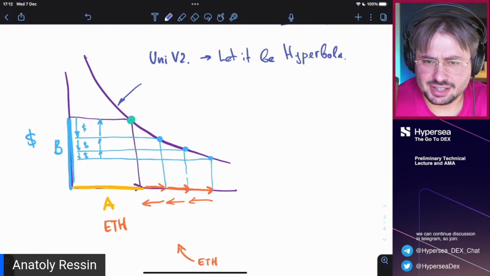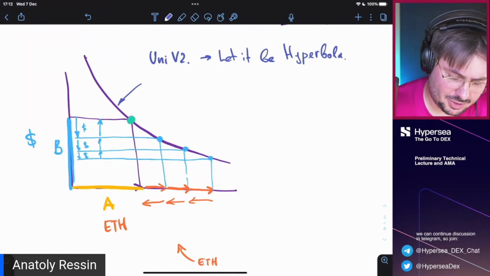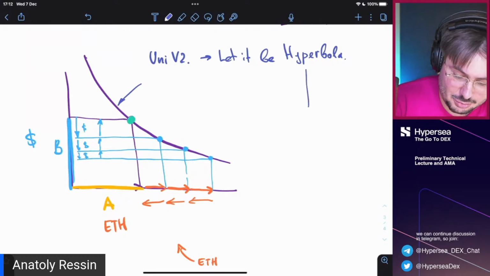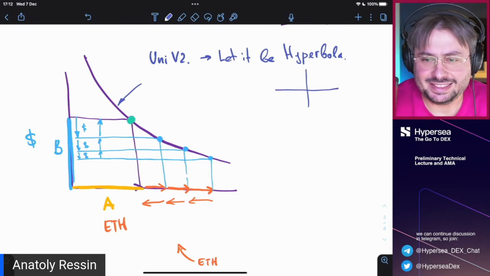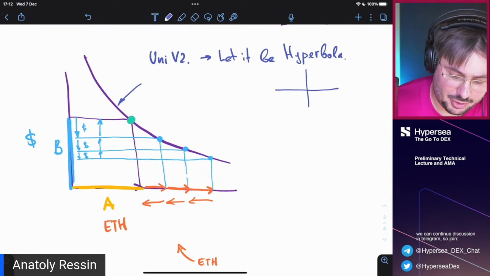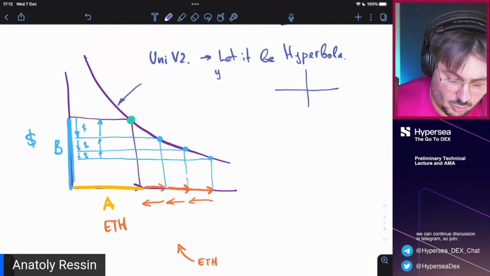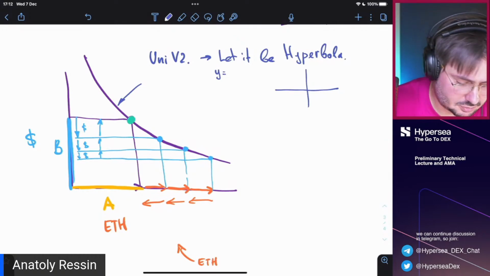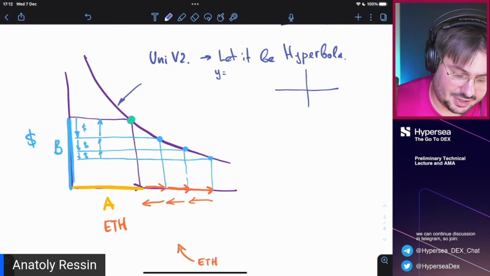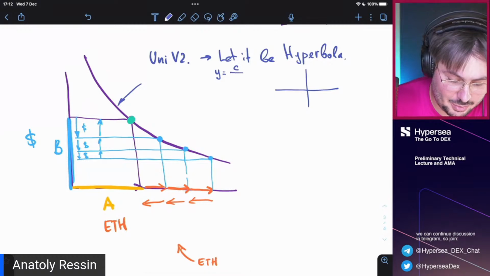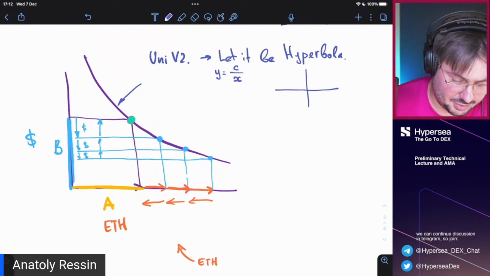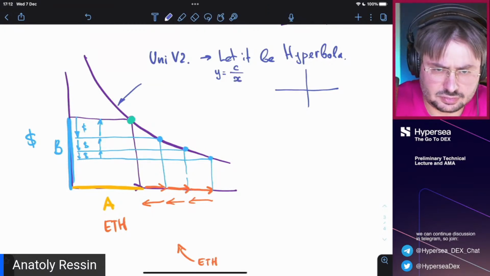But I would say that the hyperbola, everybody should know at least from the school, is something that is described by a formula like y is equal to c divided by x, where c is constant.